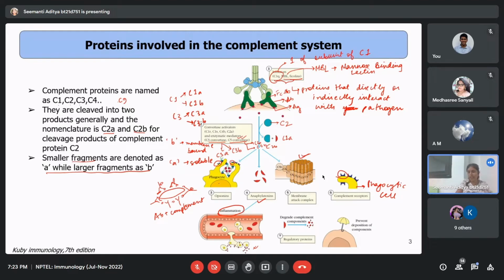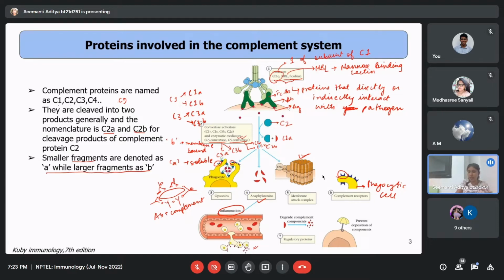What it does is it helps in taking up this antigen more quickly, so the phagocytic activity of these cells against this antigen gets very efficient. The antigen will be very quickly phagocytosed by these cells if complement proteins are also coated on the surface along with an antibody.